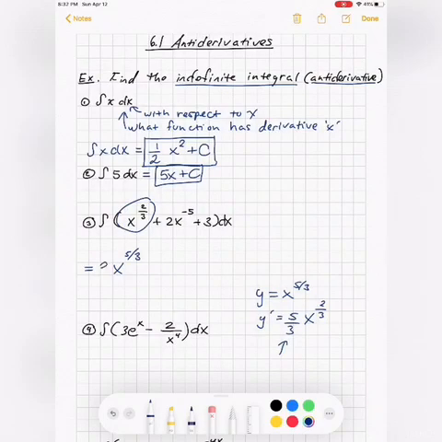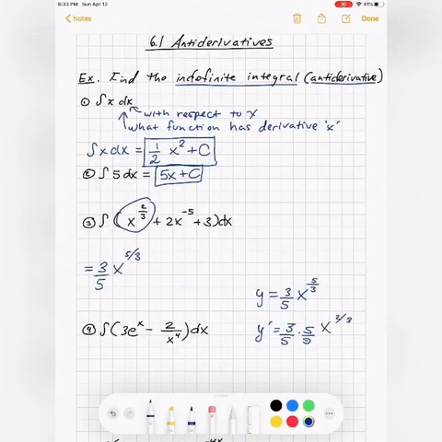What if I put the reciprocal here? Let me see if now, if I differentiate that, I get the correct result. Oh, looks like I do.